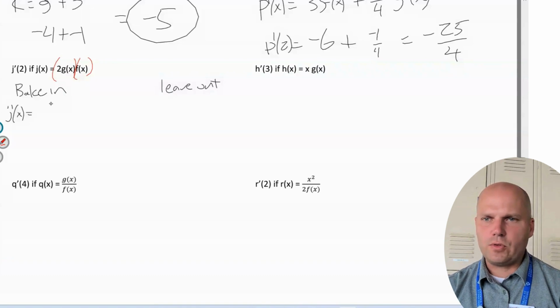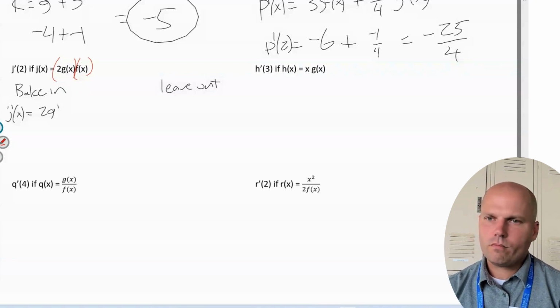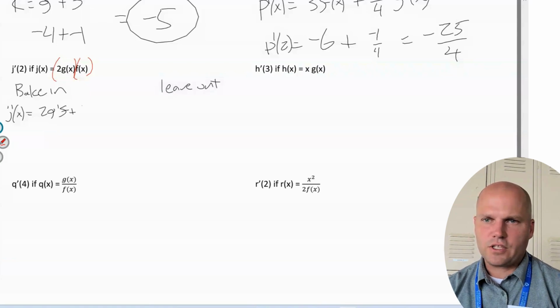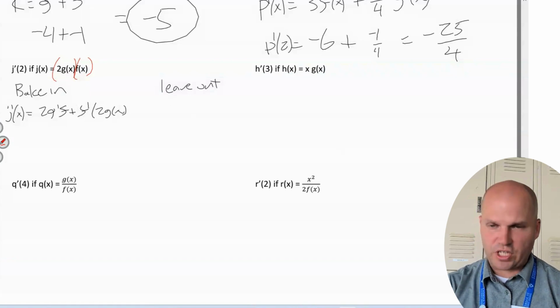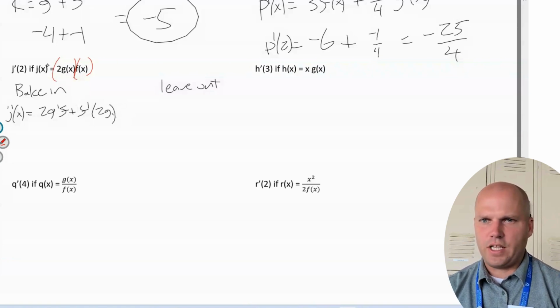The slopes of 2g, 2g prime, that's the slopes of the first times the second, plus the slopes of the second times the first. We say the first is 2g. This is what it means to bake it in. Just put it in as part of your product.